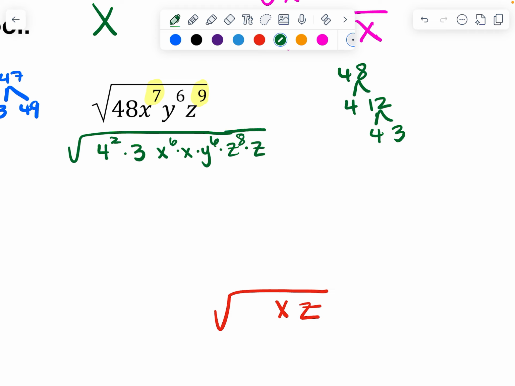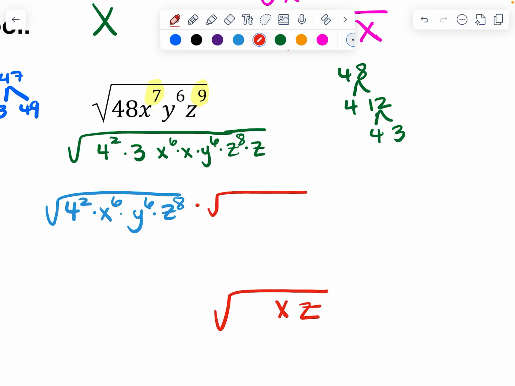So the things that I can take the square root of: 4 squared, x to the 6th, y to the 6th, and z to the 8th. The things I cannot take the square root of are 3, x, and z. Look at that, x and z. Also can't take the square root of the 3.